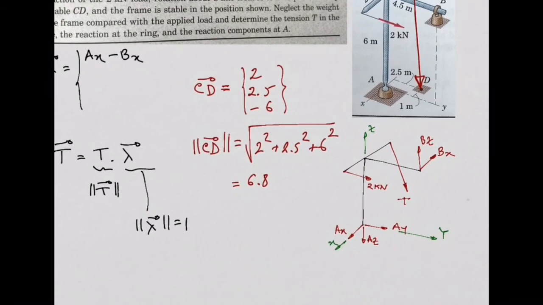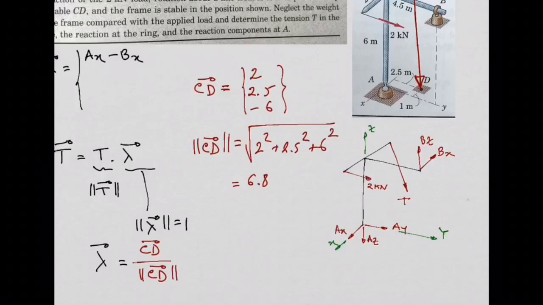All right. Now that we have this, look at this now. We can say my lambda vector, which gives me the direction of my cable CD, is going to be this vector CD that we just calculated, divided by its norm.